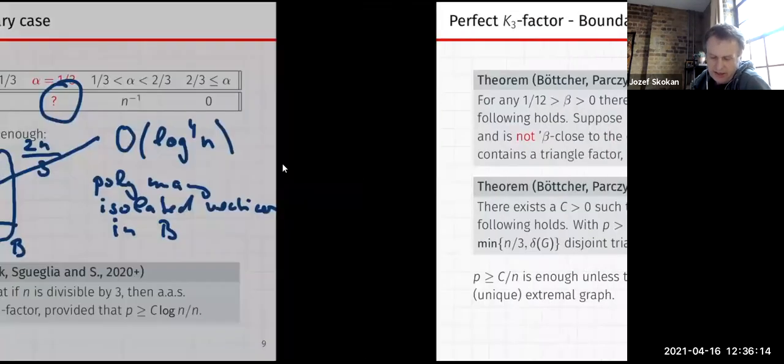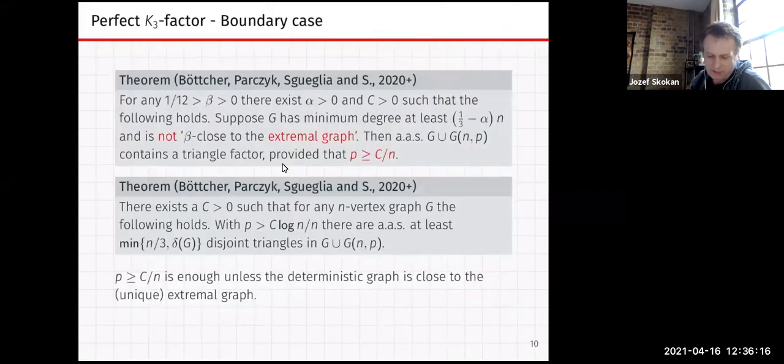All right, and then we also prove something which looks very nice. We prove that if we are still allowed to take log n over n edges, then even for graphs with minimum degree below n/3, you will be able to find, well, maybe not a full triangle factor, but at least minimum-degree-of-the-graph many disjoint triangles.